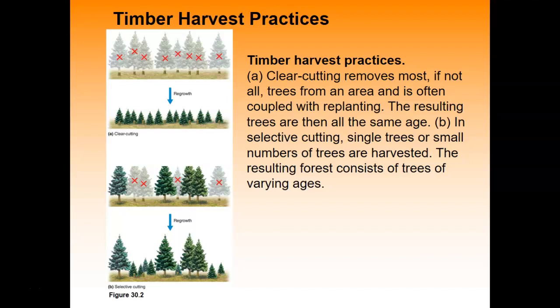When you go in and you do selective cutting, you leave some young trees, some middle-aged trees, and some mature trees to provide that ecosystem still for whatever the animals are living in that place, but also allowing for reseeding and sheltering that area from soil erosion, for example, right? Because when you remove all the plants, you remove all the roots of those plants, there's no roots to hold on to that topsoil. If you have big rains or windstorms come through, soil erosion is a big problem.